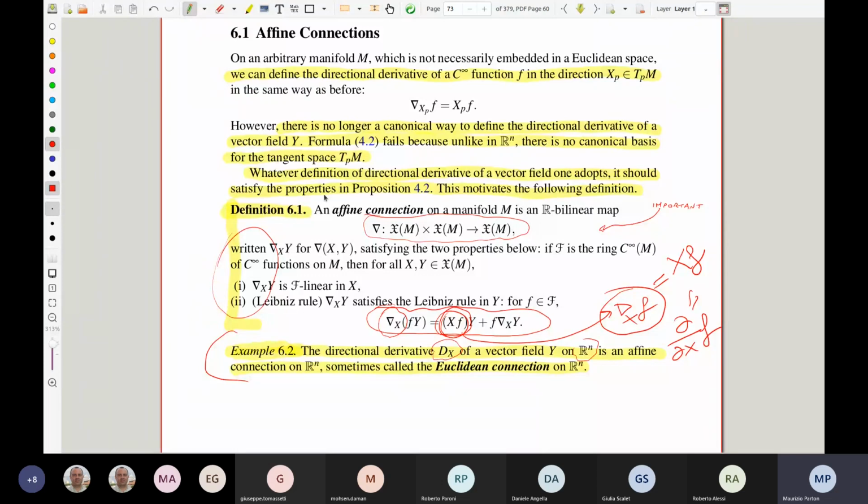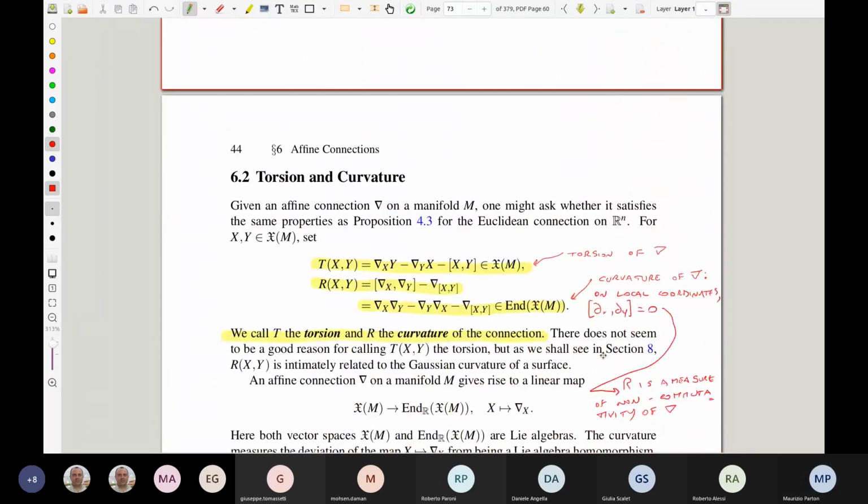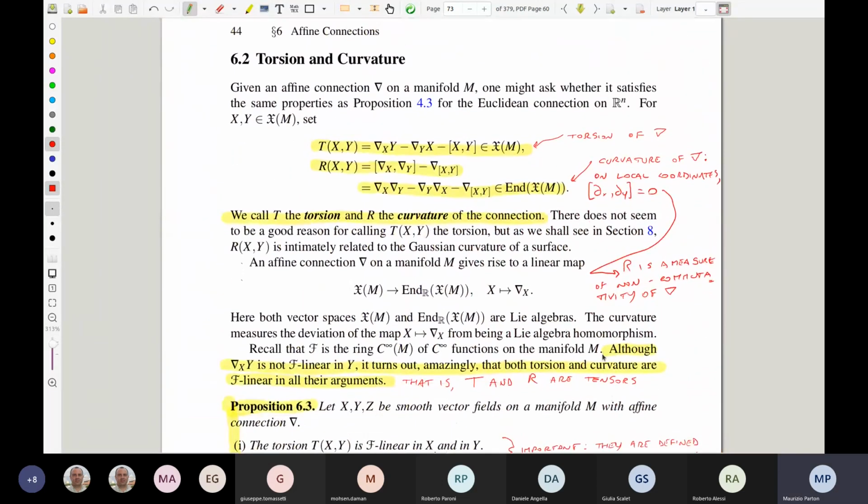Of course, this is an example. And let's check what we can do. We repeat every notion we have already looked at for the directional derivative. We try to repeat it in this abstract case.